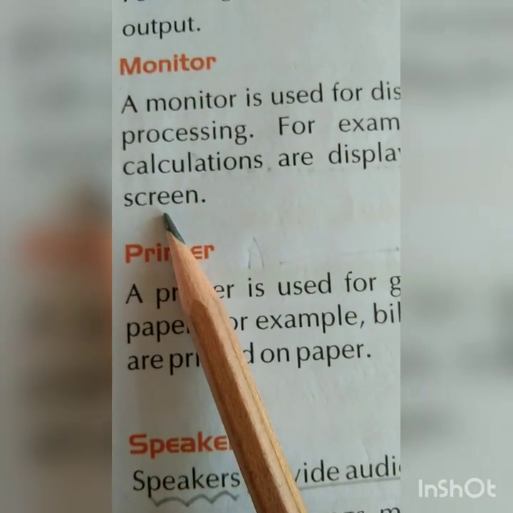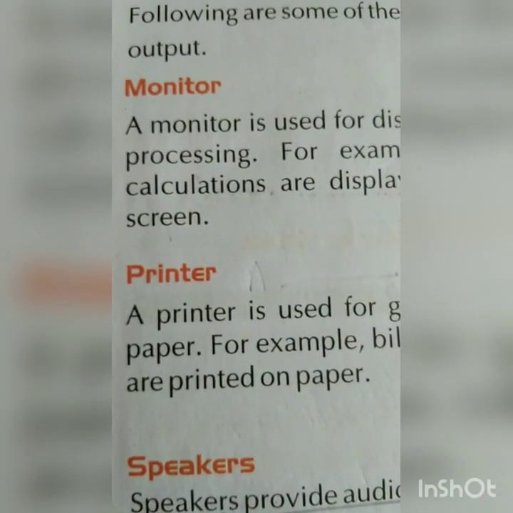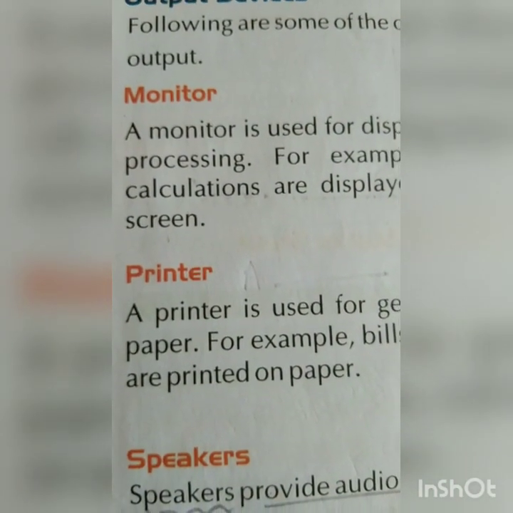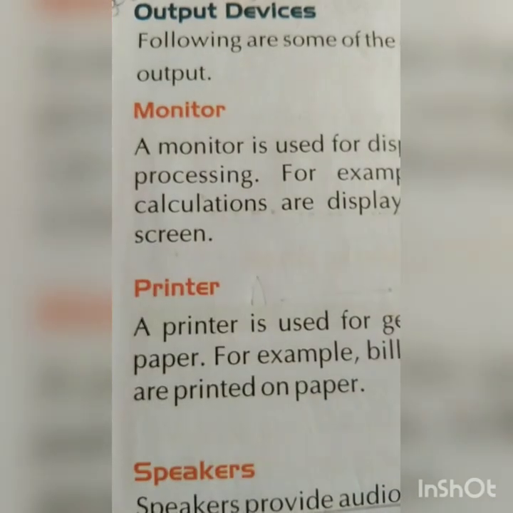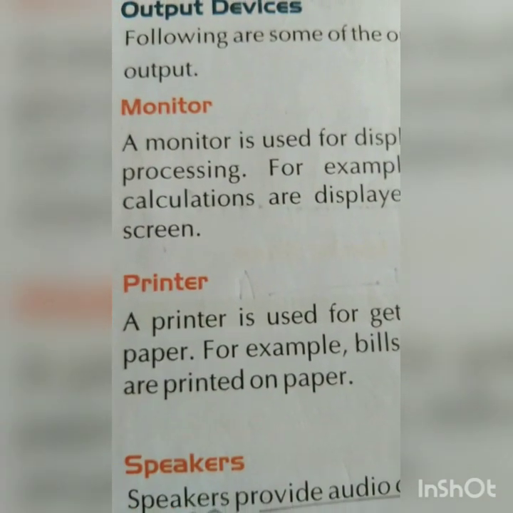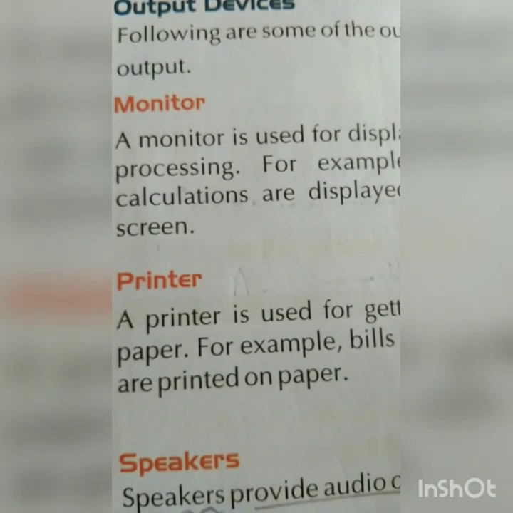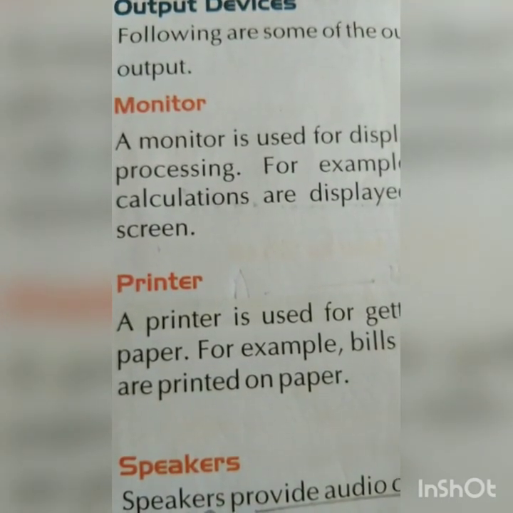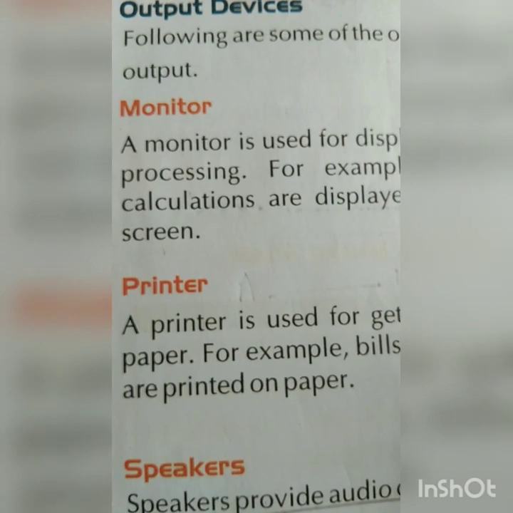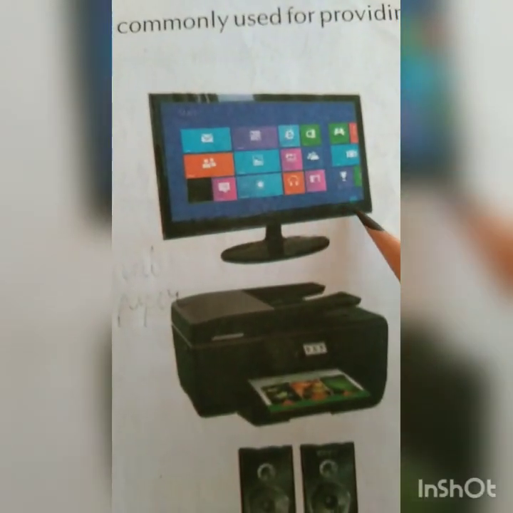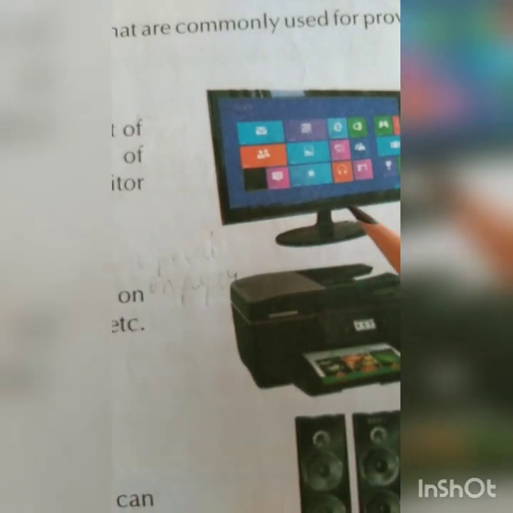When you enter information, for example a result, and you want the calculation, how many marks you got and the overall total of each subject, you enter with the help of the keyboard and you can see the answer. After the processing you get the answer on the monitor screen. So this is the monitor screen, you can see an example. This is also an output device.